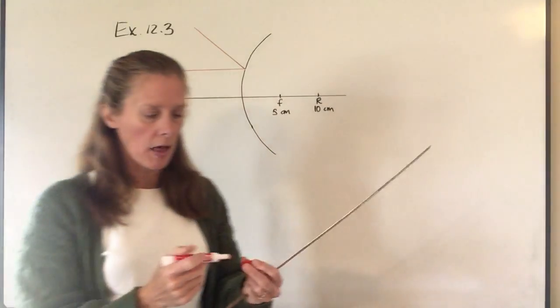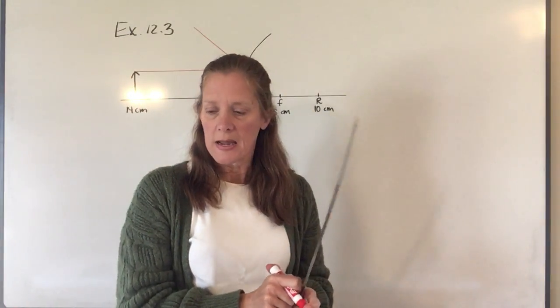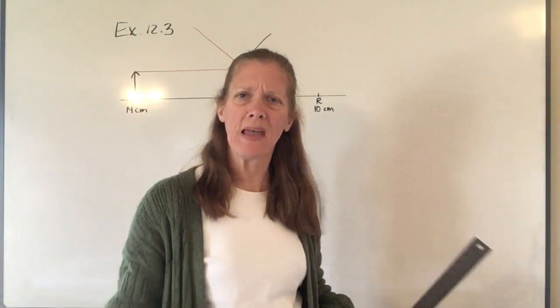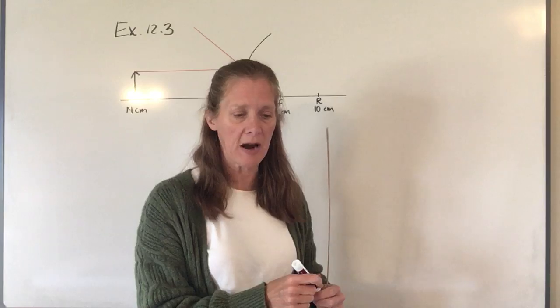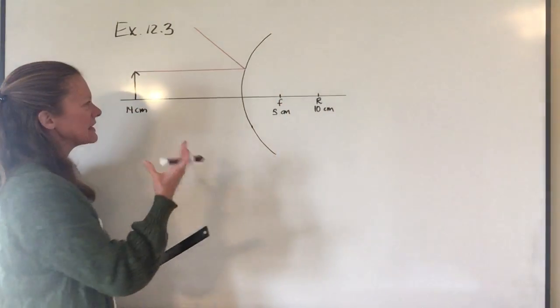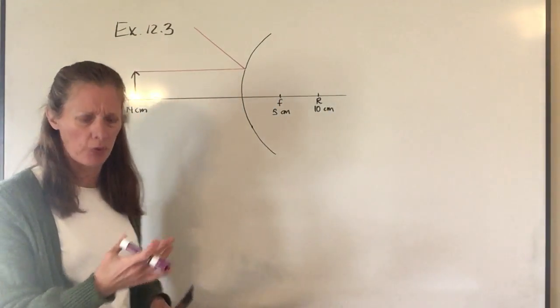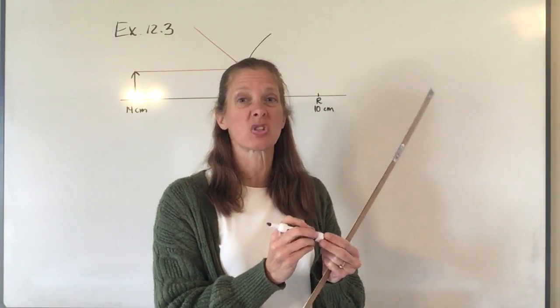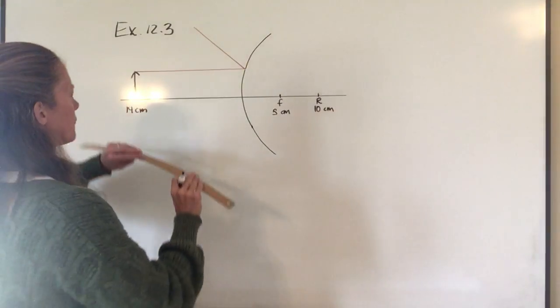The second light ray that we usually draw is the one that goes through the focal point and then reflects back off parallel. Well, again, it can't go through the focal point, so I have to draw it so that it looks like it came from the focal point.